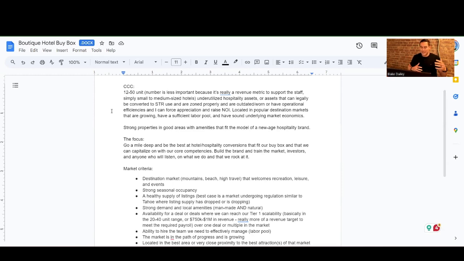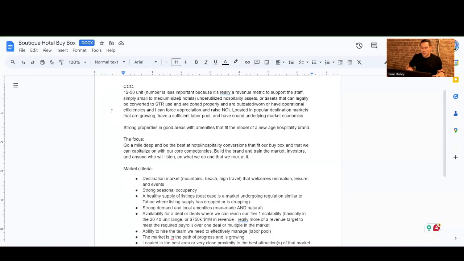So this depends on what you're going to be looking for. And in that same example, that 10 unit that produces $1 million a year is going to be a lot more expensive based on different things like the market, the cap rate, different criteria like that. So you need to hone in what it is you're looking for, the price range, and the criteria, the parameters around the deals that you can be able to take down.